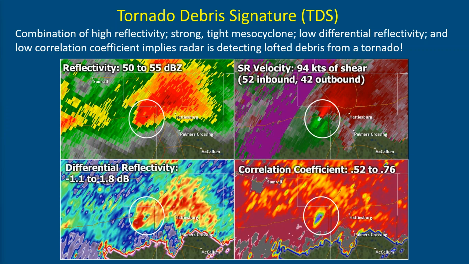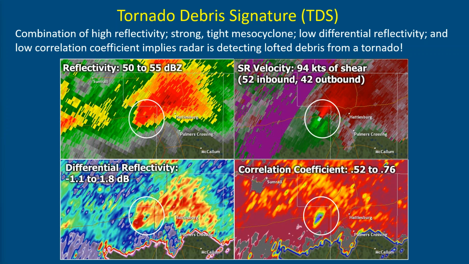Now, I just mentioned that we can actually infer debris getting lofted by a tornado. If we have these 4 things together: high reflectivity, a strong inbound-outbound couplet, or a mesocyclone, and a correlation coefficient hole or dropout, low values, along with differential reflectivity on either side of 0, meaning sort of tumbling debris.